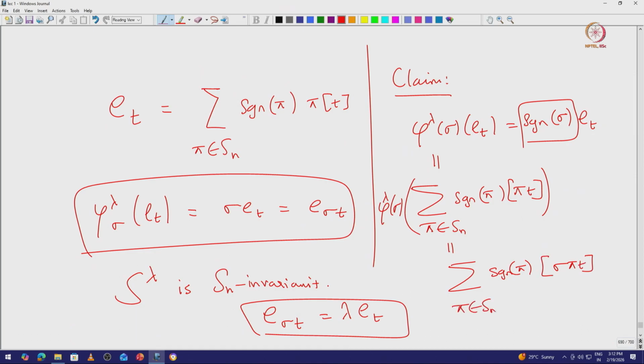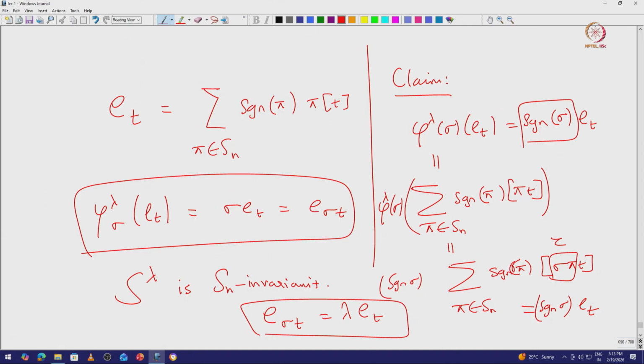Now if you reindex, you multiply by sign sigma and include the sigma here, and then this is exactly sign sigma times E t. Okay, this is a straightforward computation. Here we have substituted tau equal to sigma pi. We replace this by tau, and tau will run over sigma S n.